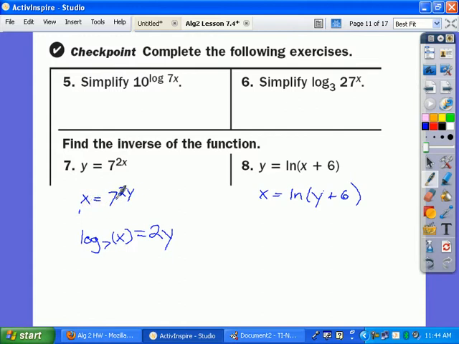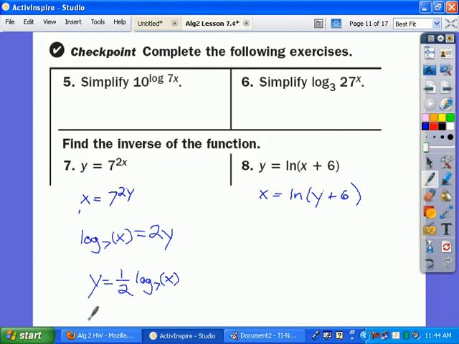The only thing is there's a 2 in front, and I want to know what y equals, not what 2y equals. So we just divide everything by 2 or multiply by 1/2. So y equals 1/2 log base 7 of x. So this and this are inverses of each other.